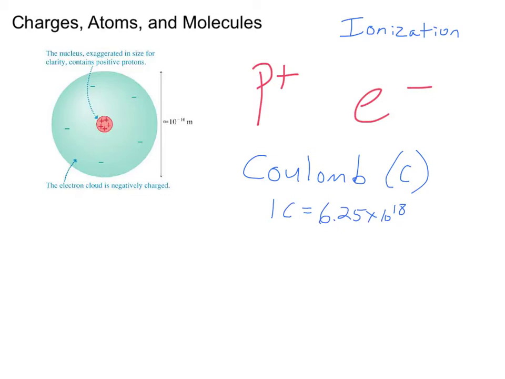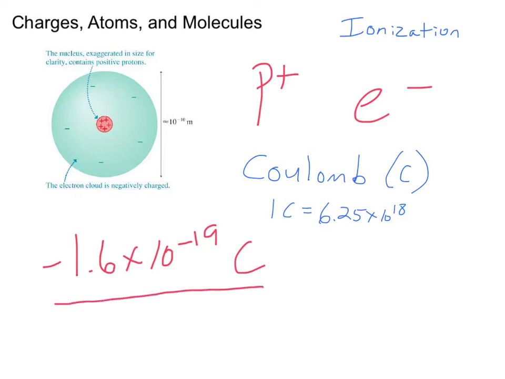The charge on a single proton or a single electron is 1.6 times 10 to the -19 coulombs. It's a positive 1.6 times 10 to the -19 coulombs if it's a proton. If it's an electron, it's negative. So we have this 1.6 times 10 to the -19 coulombs per electron.